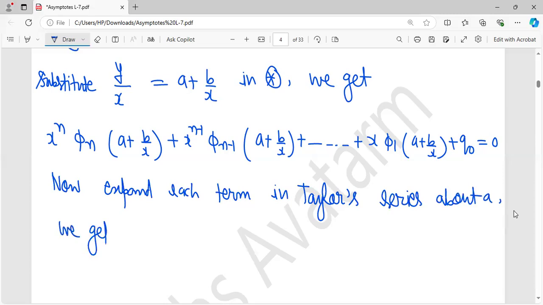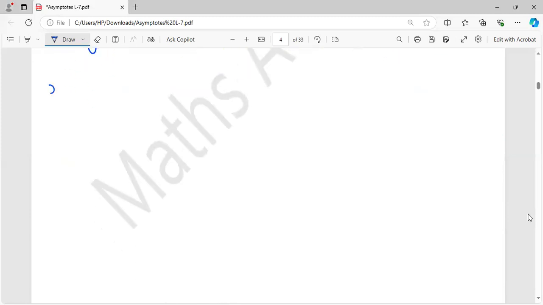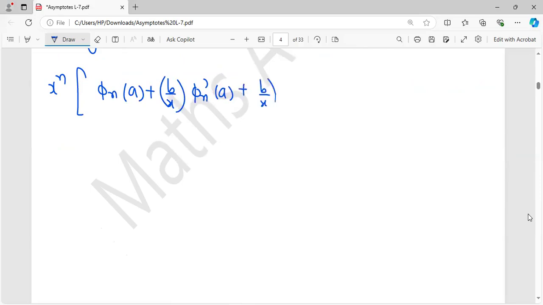We obtain: x to the power n, phi n(a) plus b upon x phi n dash (a) plus b upon x square, 1 upon factorial 2, phi n double dash (a), and so on.